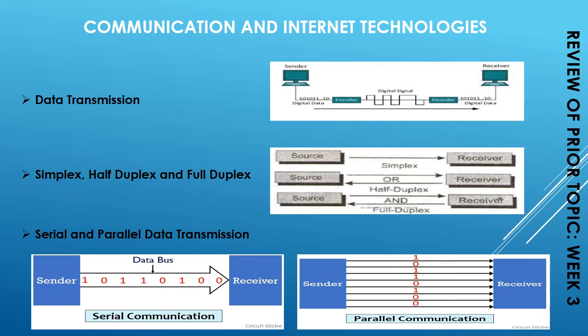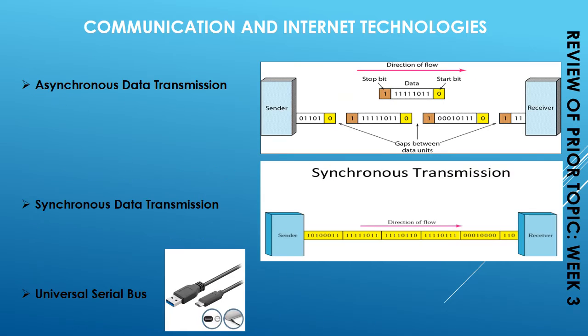While in parallel communication, data is sent in the form of byte, but all of its 8 bits are sent simultaneously from sender to receiver using 8 parallel lines that are usually known as wires or data paths. Serial data transmission is best used over longer distances when there are fewer chances of the signals intermingling, while parallel communication is best used for smaller networks.